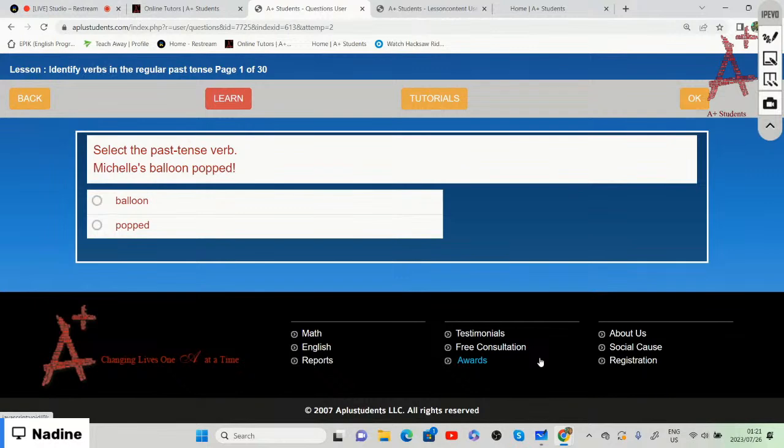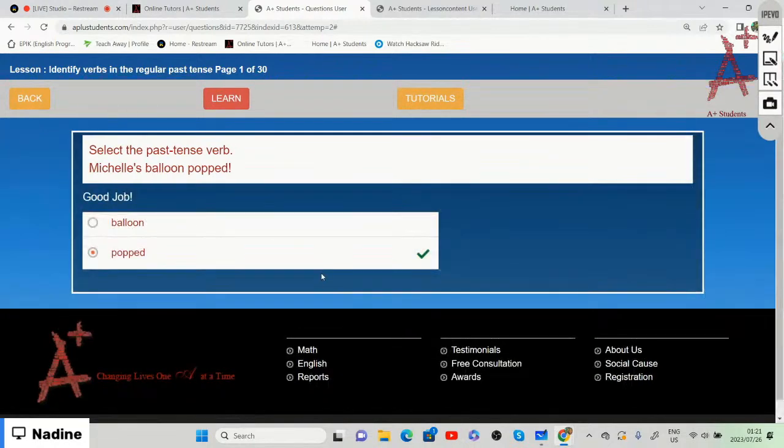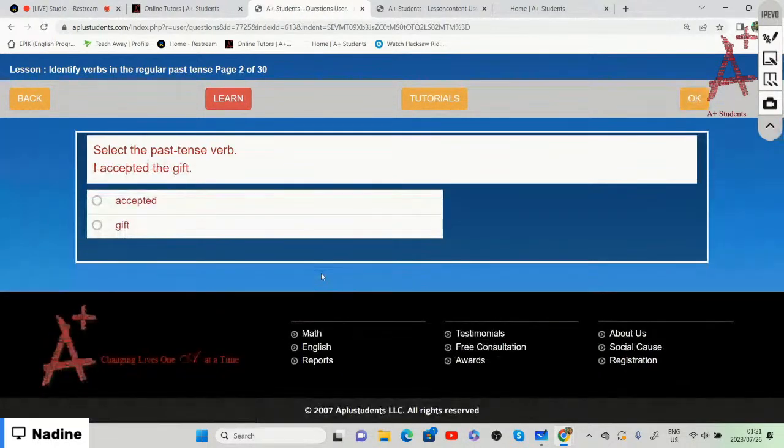If we select the regular past tense verb within that sentence, we are going to select popped. If you said popped, then well done. Popped is showing the action that happened in the past.